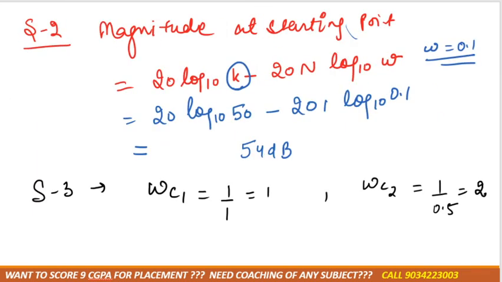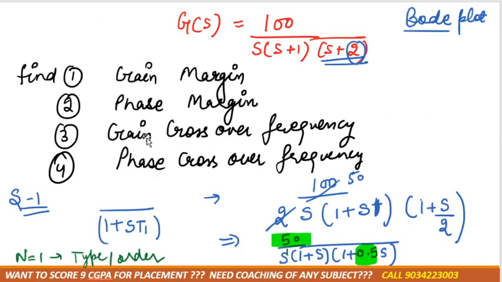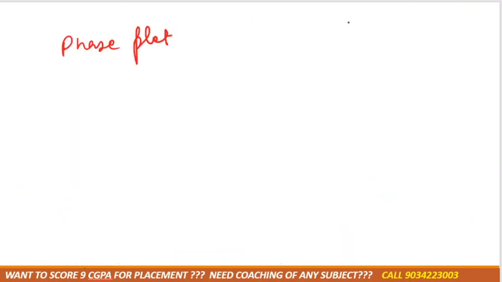This was our question, right? So for this question, 50 divided by s into (1 plus s) and (1 plus 0.5s), we need to draw the phase plot. 50 divided by j omega, (1 plus j omega), then (1 plus 0.5 j omega).